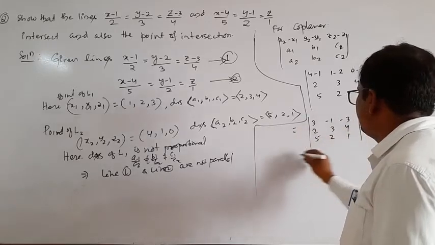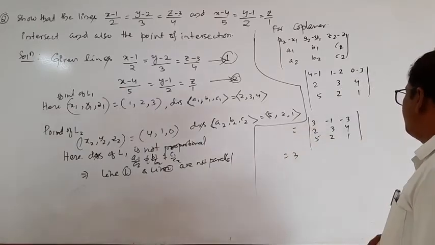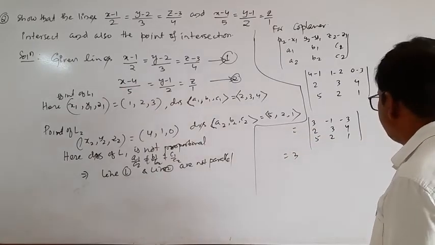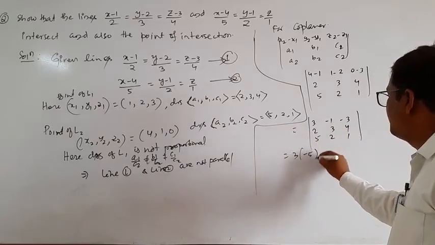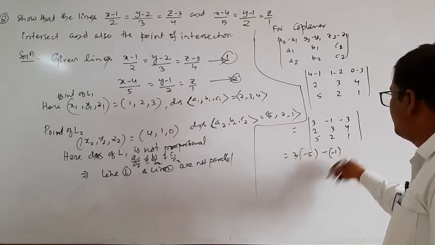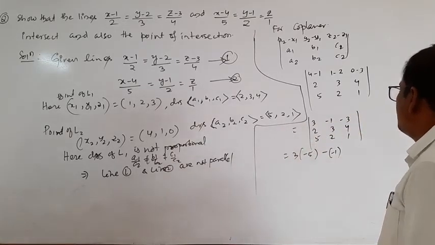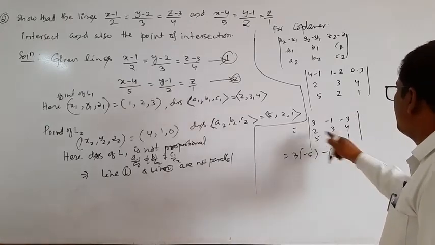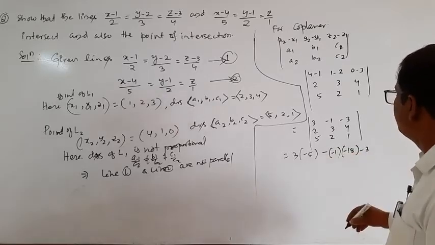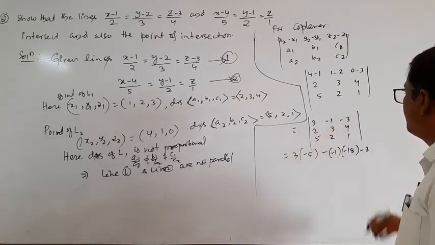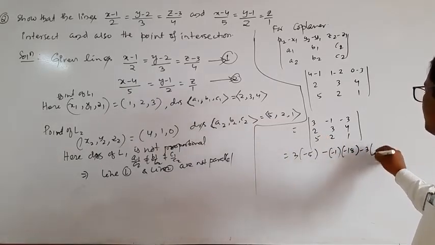Now this is 3 into (3 minus 8), that is minus 5. Minus of minus 1 into (2 minus 20), that is minus 18, and minus 3 into (4 minus 15), that is minus 11.